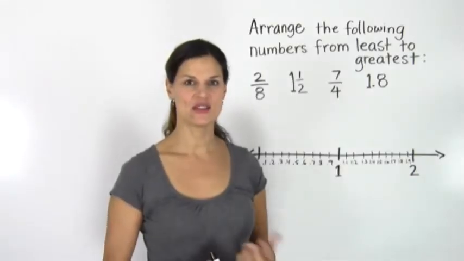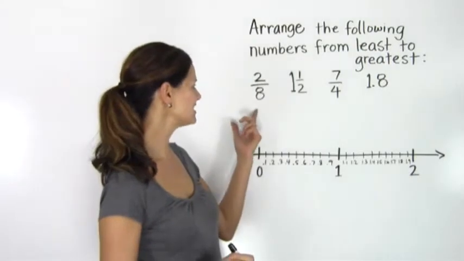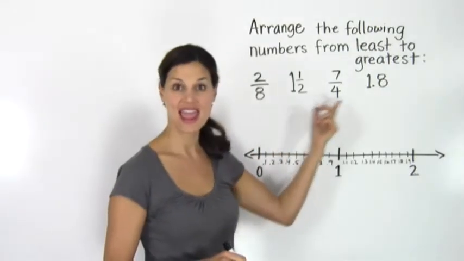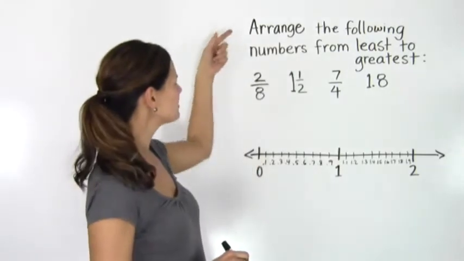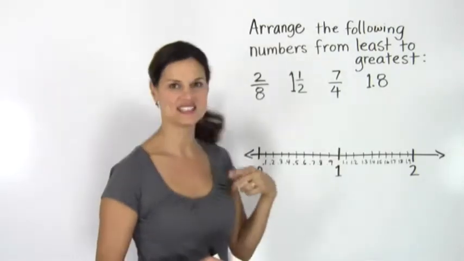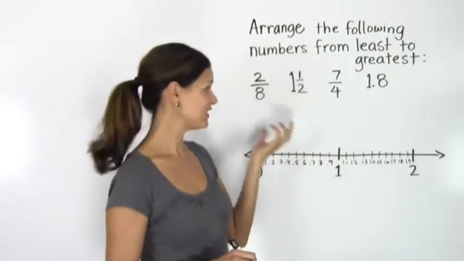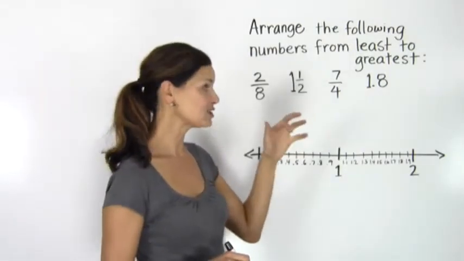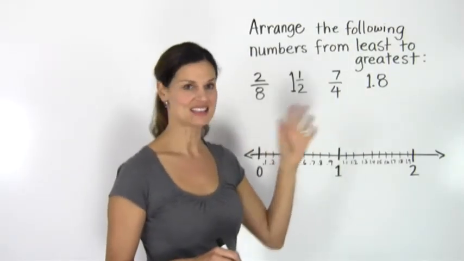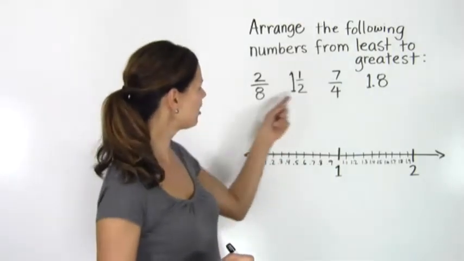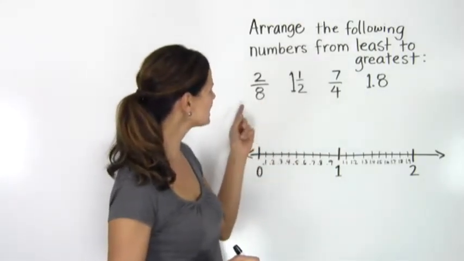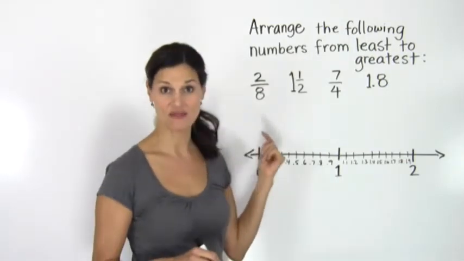Let's look at another problem with fractions, mixed numbers, and decimals all in the same problem. Arrange the following numbers from least to greatest. We want to figure out which of these has the largest value and which has the smallest and those in between. So to compare all of these numbers, first we need to convert them all to the same form.